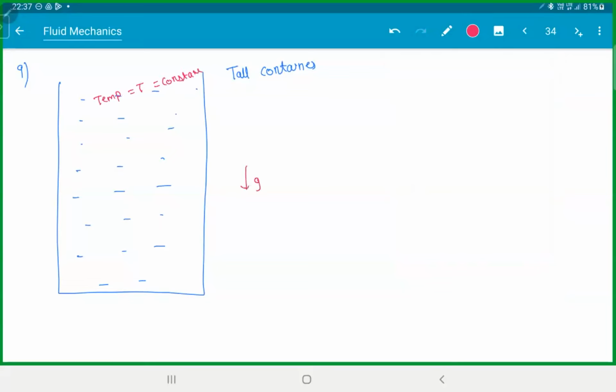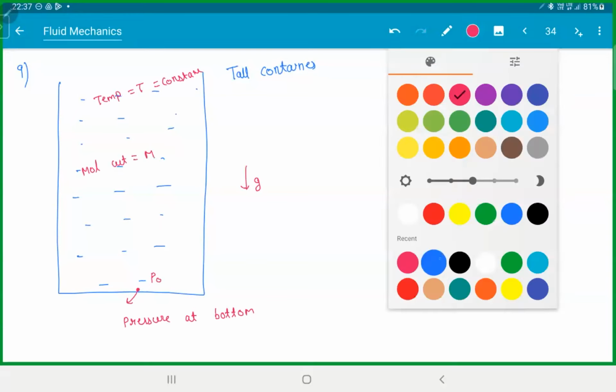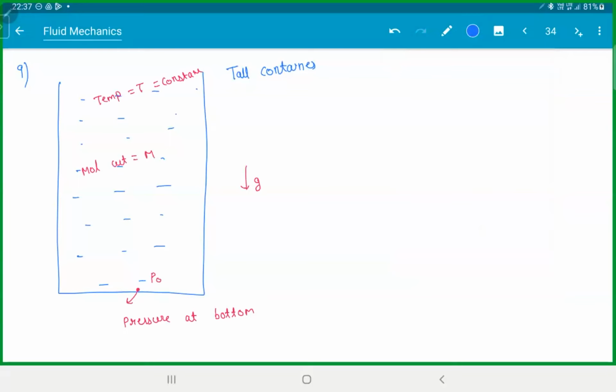Gravity is also constant. At the bottom, the pressure is P naught. For this gas, the molecular weight is m. It's a tall container, so the gravity is constant. Find the pressure at a height h from the bottom. So if you're traveling above the atmosphere, find the pressure.